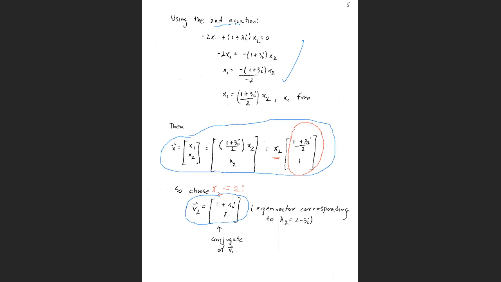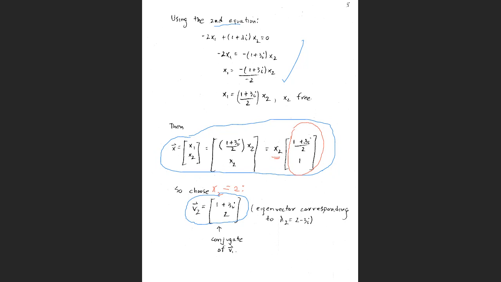I think that's absolutely fascinating. It's like a 2-for-1 sale. Once you know one eigenvector, you know the other. I went through the steps to show you, but it's a method of discovery.